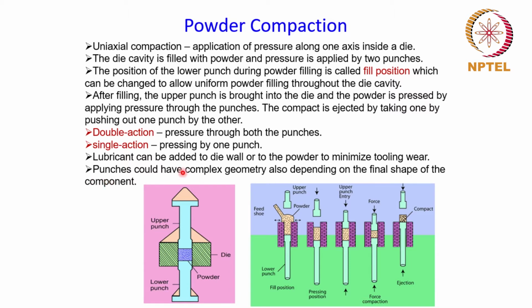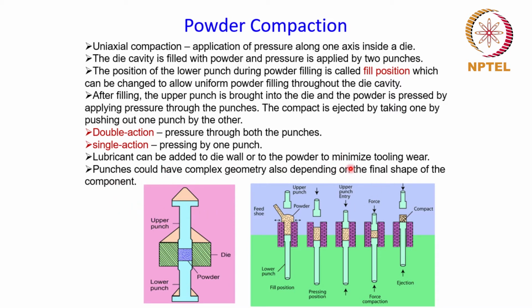And in order to avoid the die wall wear and tear and improve the life of the die, a lubricant is used. And the powder lubrication process we have already discussed before while talking about the preparation of the powder feed for the shaping process.